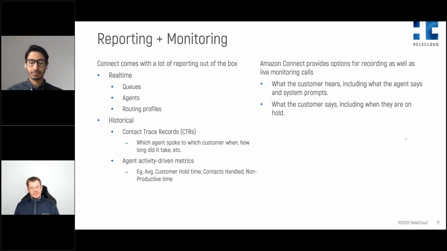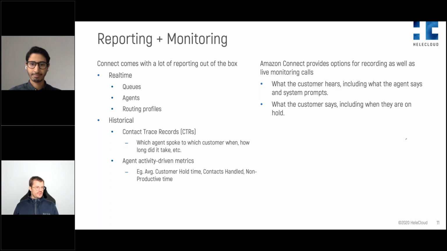Besides the real-time reporting, there's obviously also a very big need for historical monitoring. And this, broadly speaking, happens in two different types. There's what is called a contact trace record, which basically represents a single interaction as it moved through the system. So who spoke to which customer, how long, when was this, how long did it take, and a whole bunch of other metrics that you can gather from there.